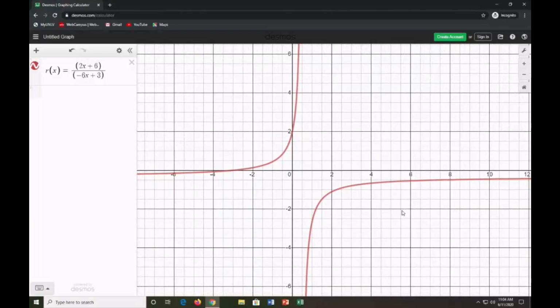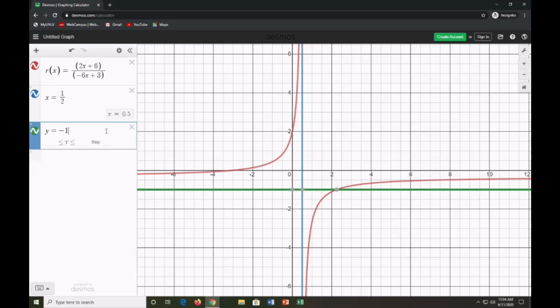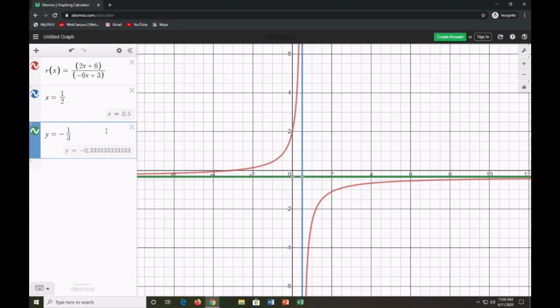So now let's put in the asymptotes that we found. The vertical asymptote was x equals 1 over 2, right there. You can see clearly that the lines of the rational function are approaching it. The horizontal asymptote was y equals minus 1/3, right there.